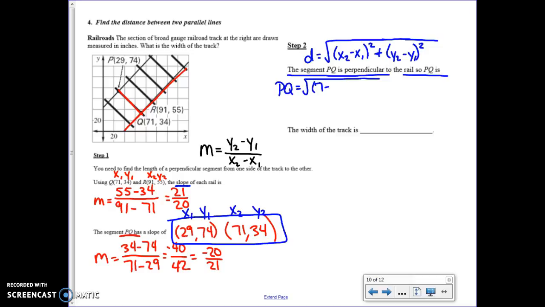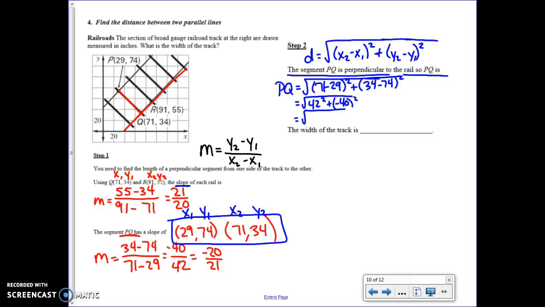So I'll do 71 minus 29, and I'll square it. And then I'll do my y values, 34 and 74, and I subtract them and I square. Now I do what's inside first. So 71 minus 29 was 42, and I still need to square that. And 34 minus 74 was negative 40, and I still need to square that.